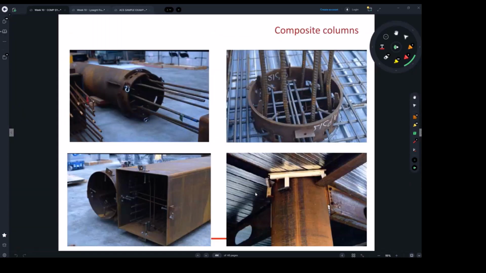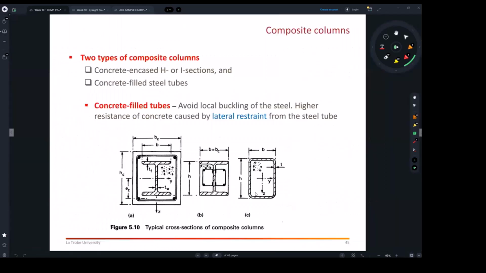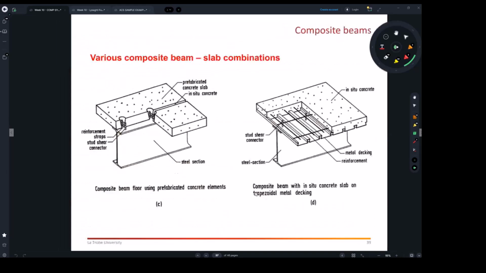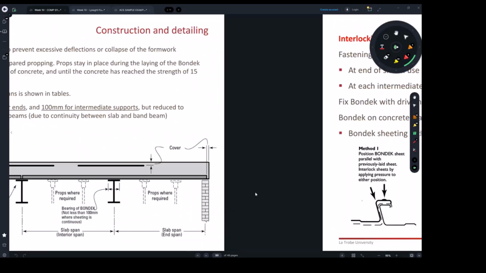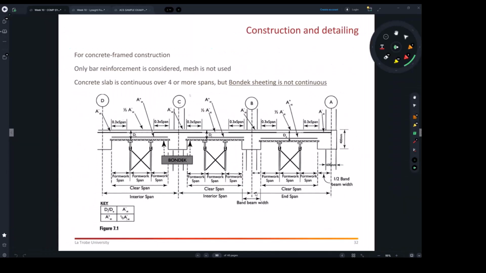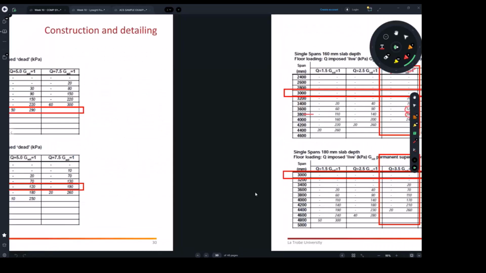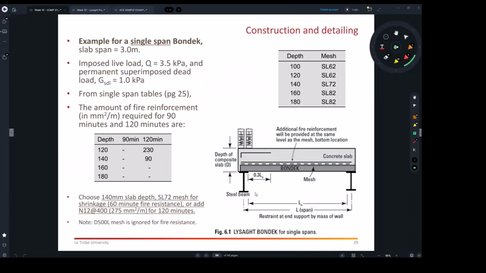Then I start talking to you about composite columns, and that will be the end for your 10th topic, which is composite slabs. So far, just make sure you decide on working on assessment 2.